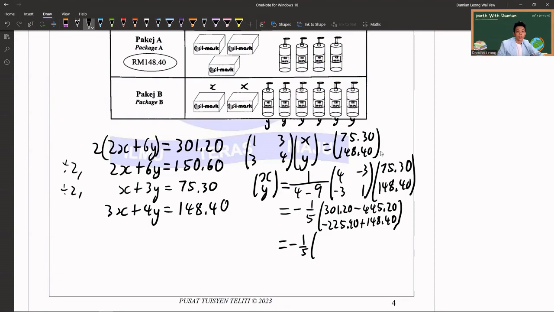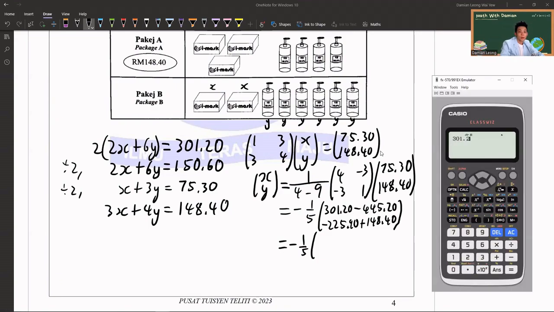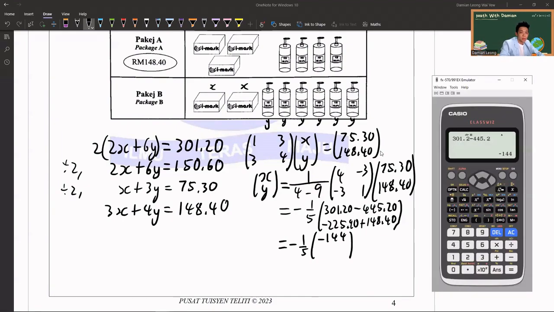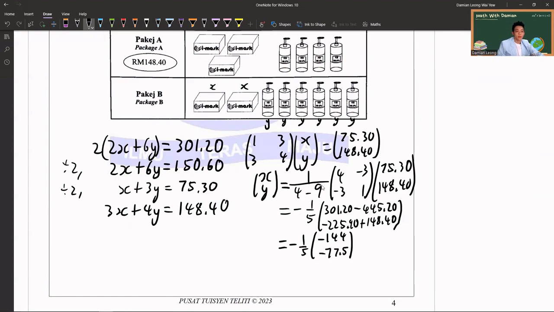So it's negative 1 over 5. This one will give us 301.2 minus 445.2, which is negative 144. Negative 225.9 plus 148.4, negative 77.5.